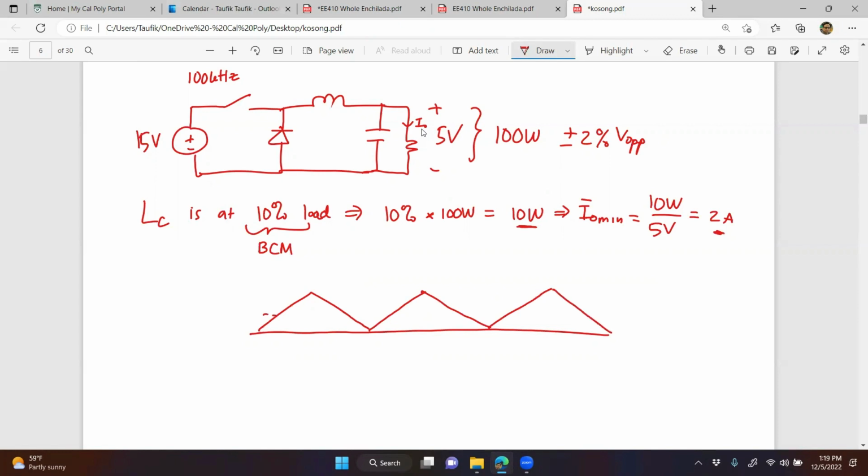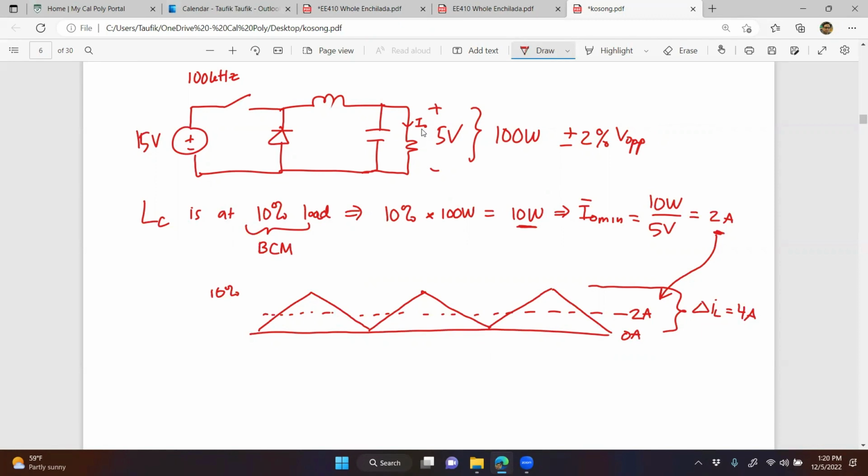At the 10% load, the average of the inductor current is 2 amps from here, right? So if the average is 2 amps, I would know delta IL. Delta IL would be twice that much. It's going to be 4 amps.